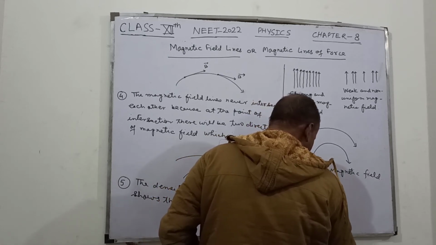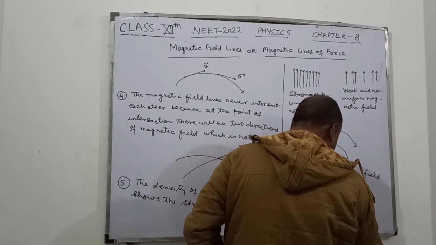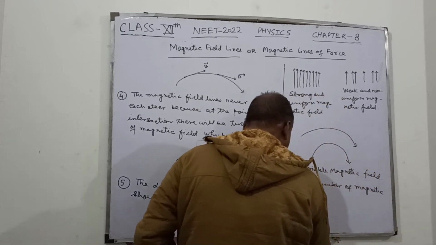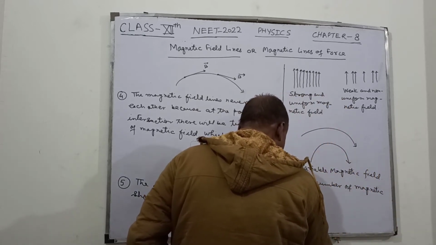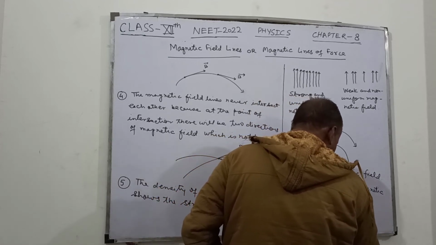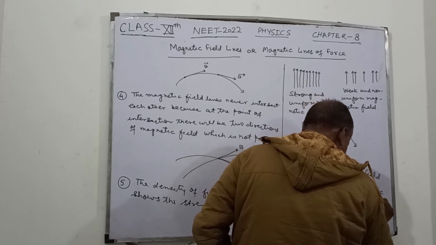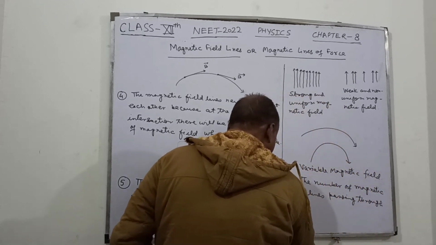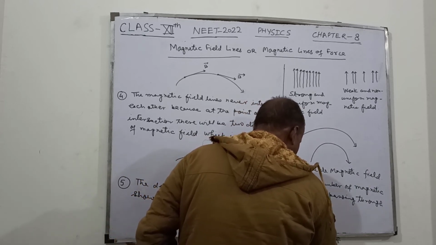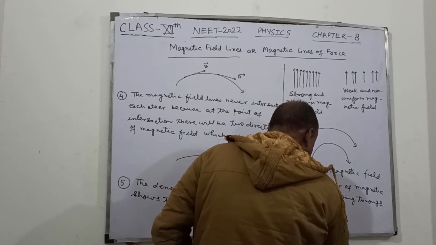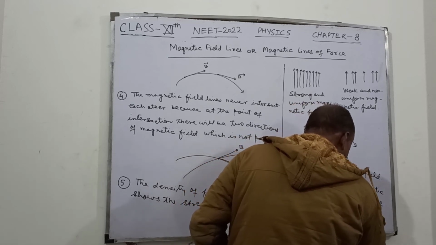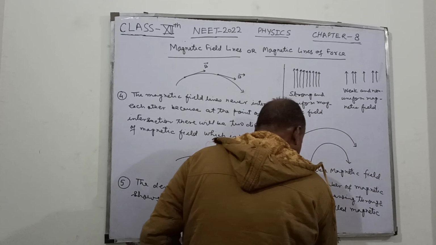The number of magnetic field lines passing through unit area is called magnetic flux.